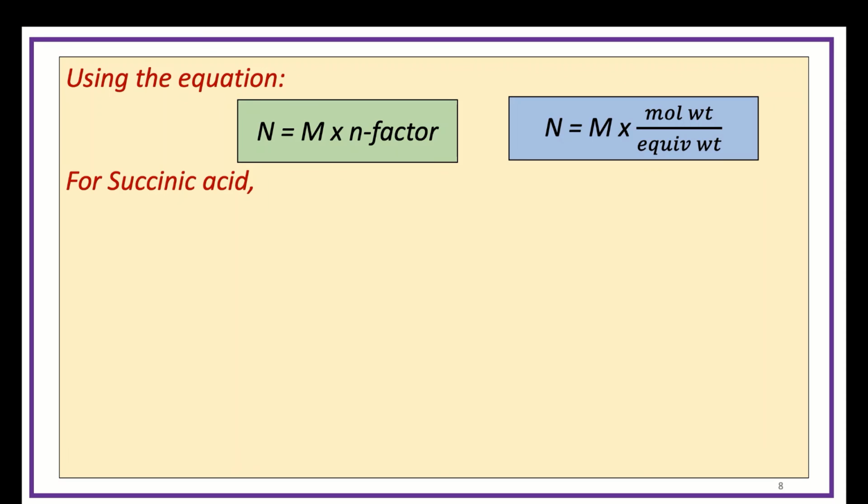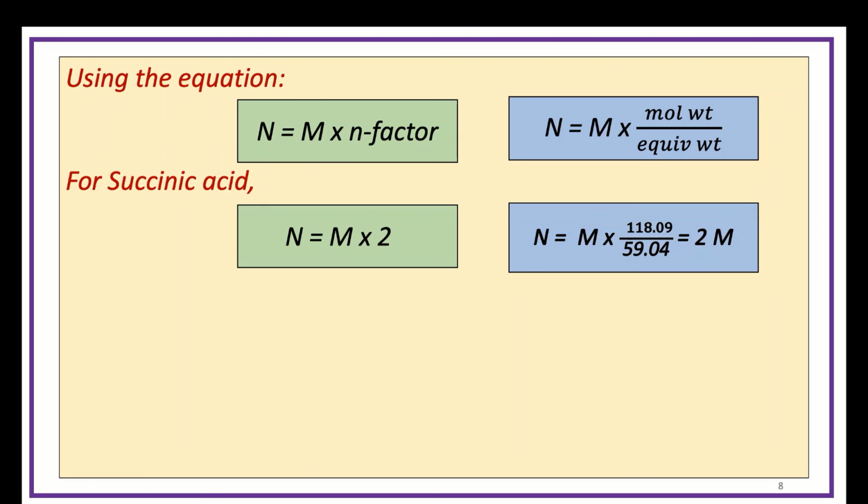For succinic acid, the basicity is 2, that is, the n factor is 2. So normality is equal to molarity multiplied by 2, which we get by substituting the equivalent weight into the equation.